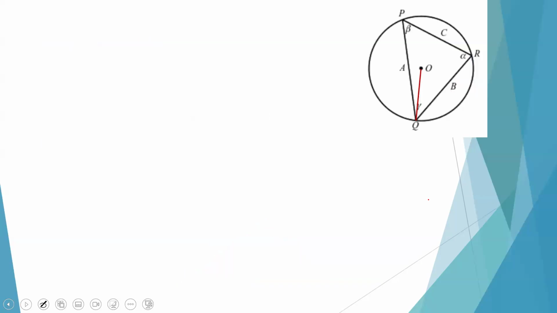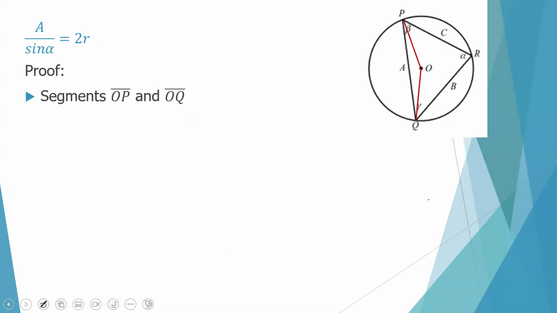So here's the relationship. If I have A over sine of alpha, and I say it's equal to 2r, how do I prove that? Well, I look at these segments, OP and OQ. So those are those 2 segments that I just made. And I can go down and there's my midpoint.